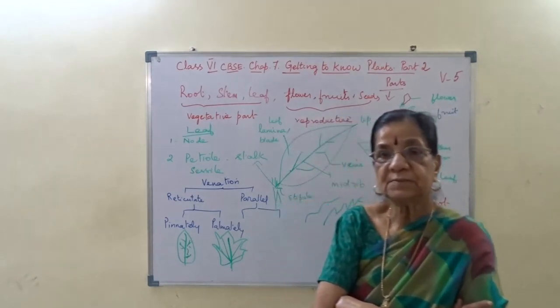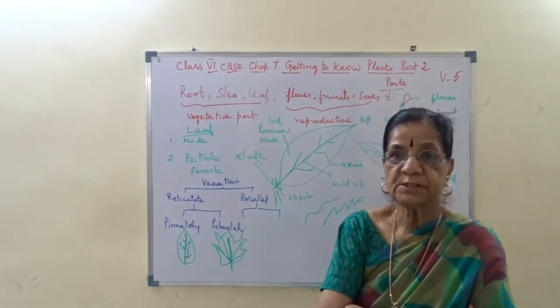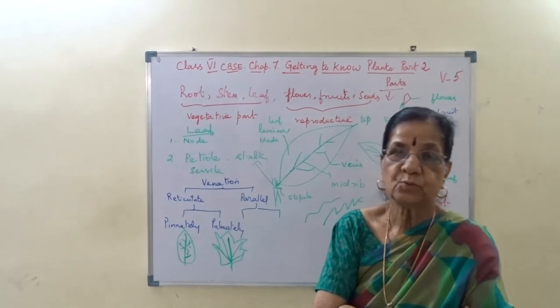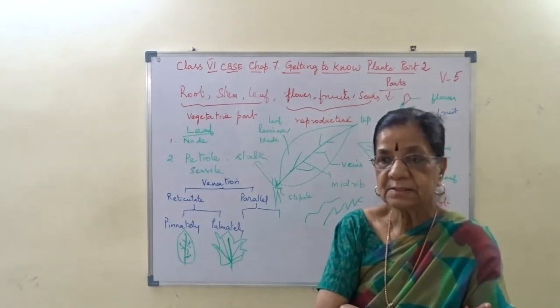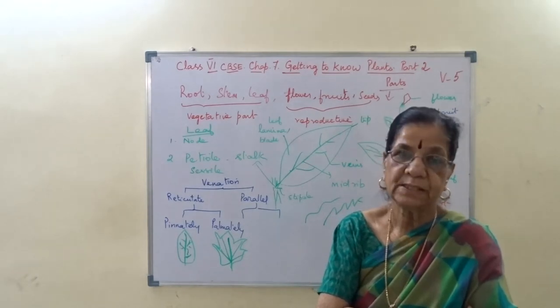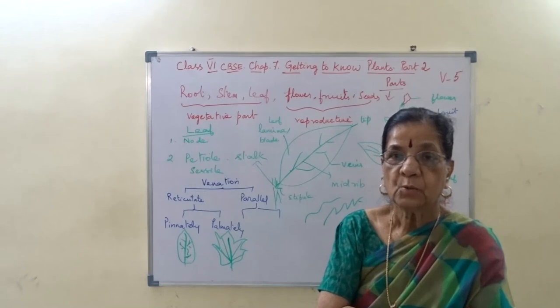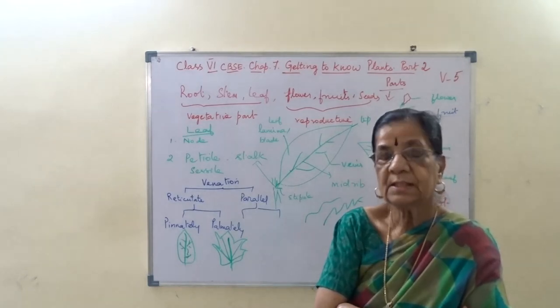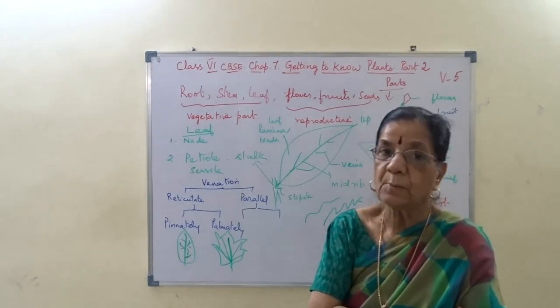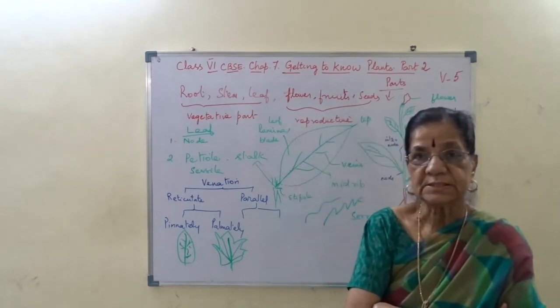When the function of the stem is considered, it is mainly for transportation of water and food material. Hence, the stem is considered as two-way traffic. What does it mean? From the root system, water is absorbed and goes upward to the leaf for photosynthesis.